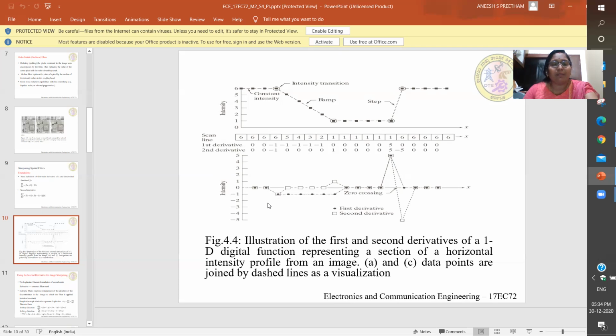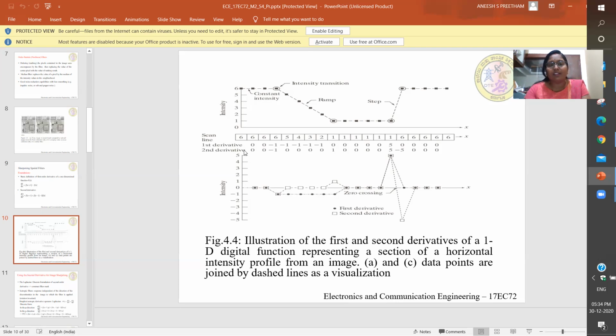The same thing, the first derivative and the second derivative, are represented on this figure C. So you can see here the black dots will give you the resultants of the first derivative, and the small squares will give the second derivative pixel values.